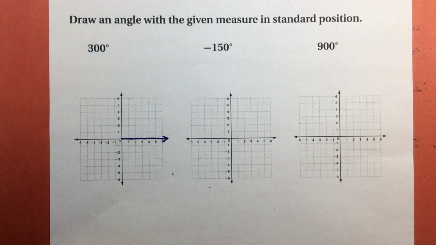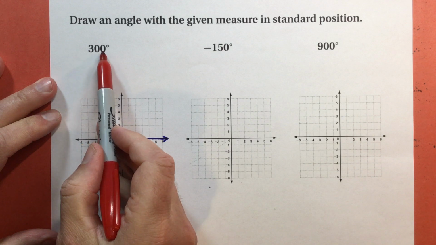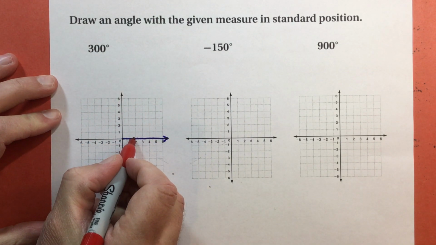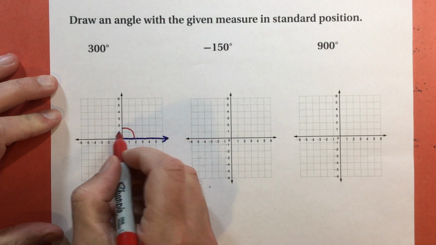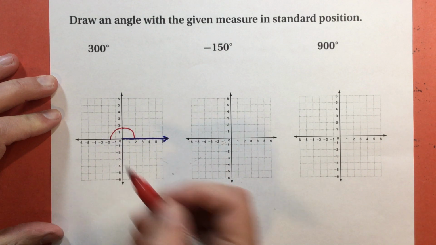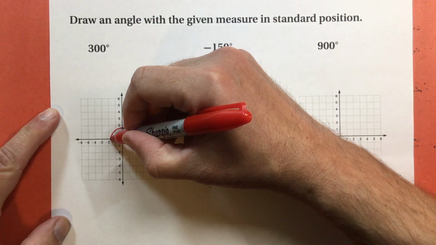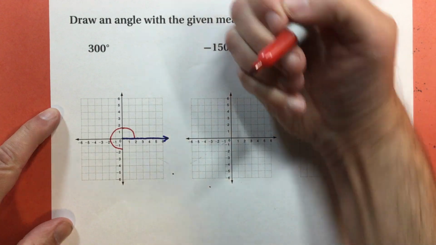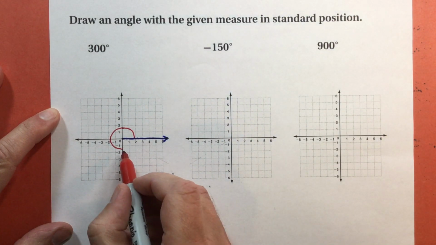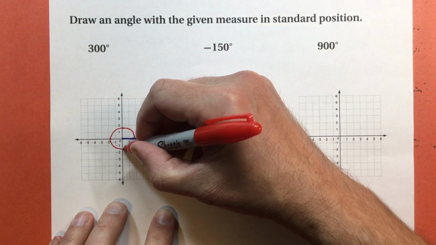Now, where is my terminal side at? Well, I need to rotate through 300 degrees. So I'm going to go 90 degrees. Another 90 degrees is going to take me to 180. Another 90 degrees is going to take me to 270. And 30 more degrees is going to take me to 300.